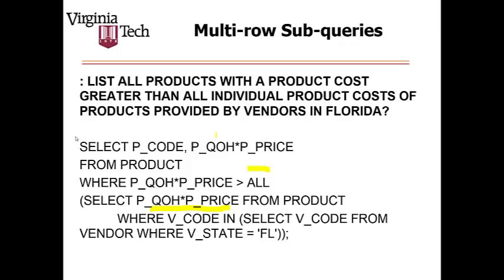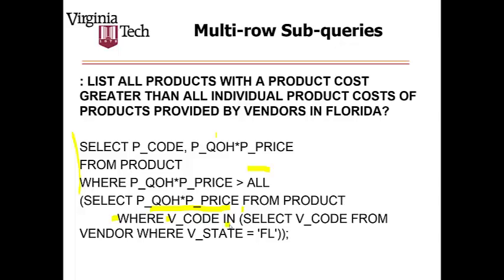When this part of the clause, right, we're looking across all rows of product. Here we are now selecting from product, and we're going to restrict that product where we're calculating this price from. So then we're going to say where the V code is in another subquery, which is a list of V codes, because remember that's what in wants.